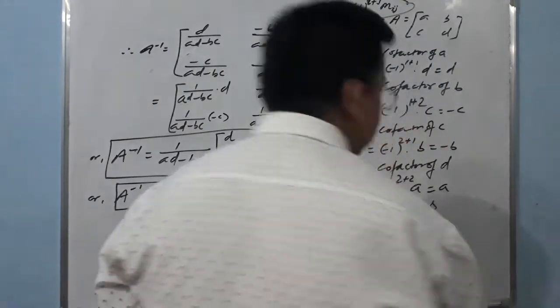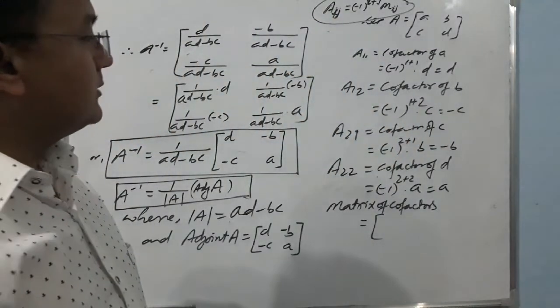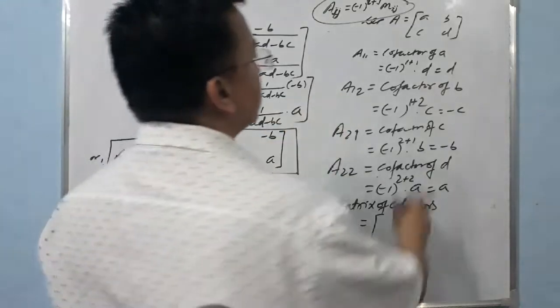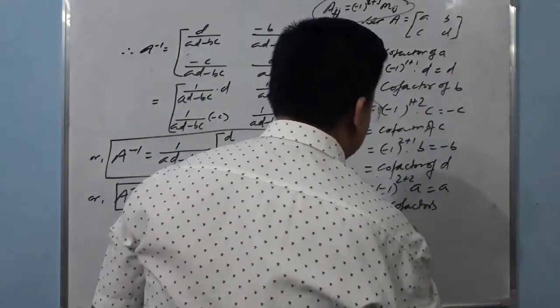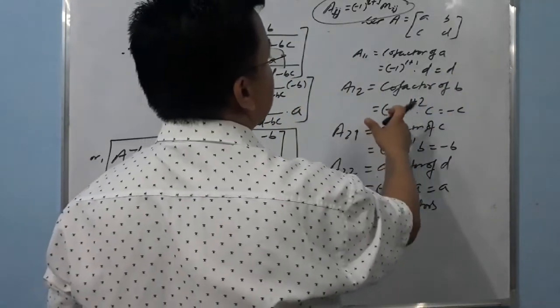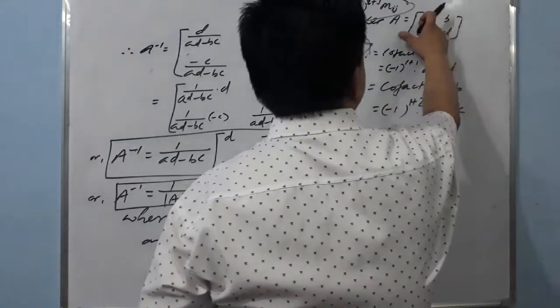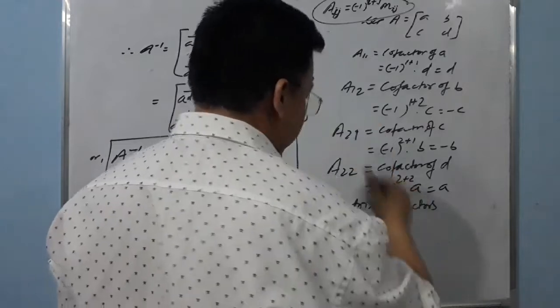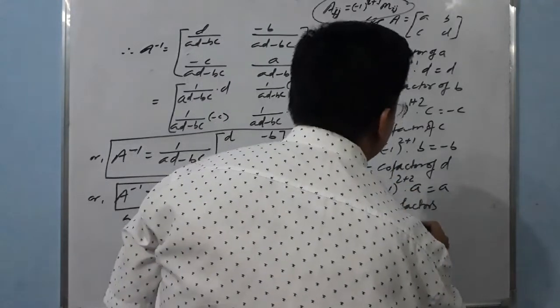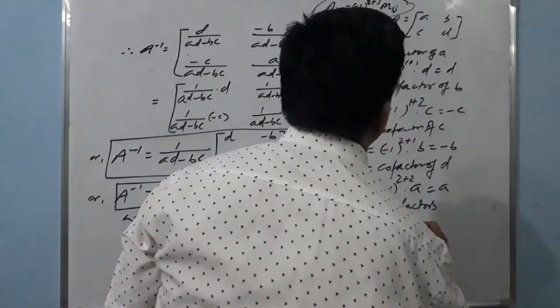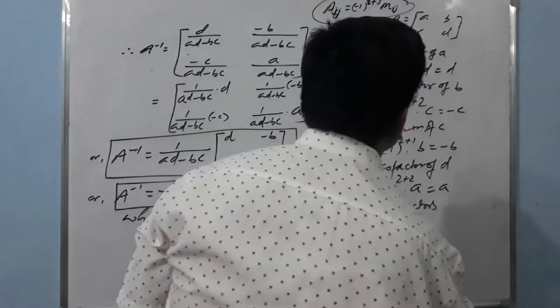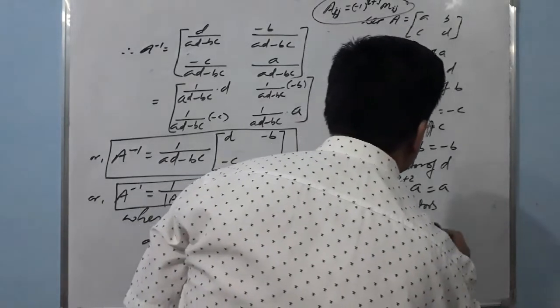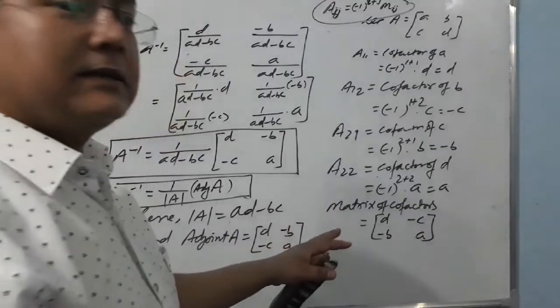We have calculated cofactors row wise: first row's elements, then second row's elements. So D, here minus C, here minus B, and here A. This is the matrix of cofactors.